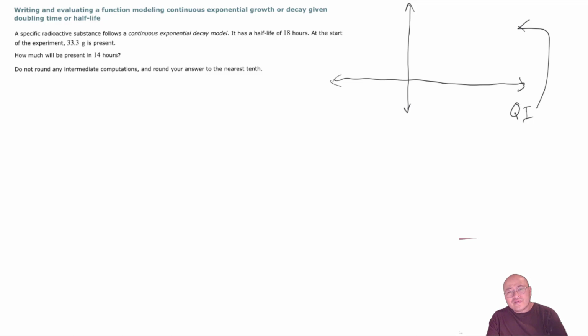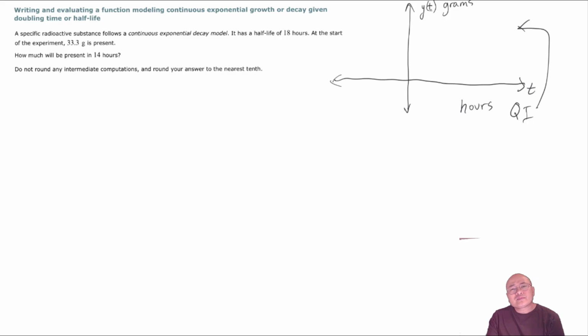It says at the start of the experiment, 33.3 grams is present. I'm going to call the grams axis y of t. So y of t represents grams. I'm going to start labeling things. And t is your independent variable, so we have your t-axis, and t is actually in hours.